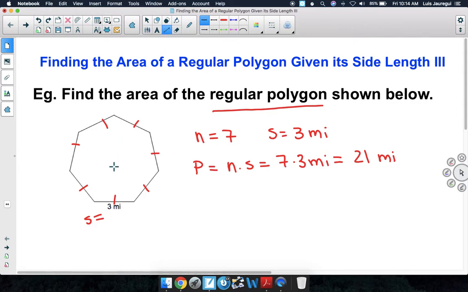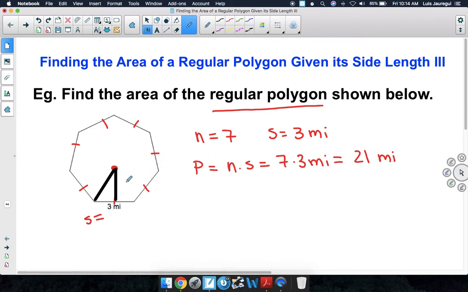Remember, the apothem is just the perpendicular segment going from the center of the polygon to one of the bases. So let's trace that perpendicular segment here, and we are in need of finding its actual length. So what we're going to do is trace a radius here as well, and we're going to use trigonometry to be able to come up with the value for the apothem.